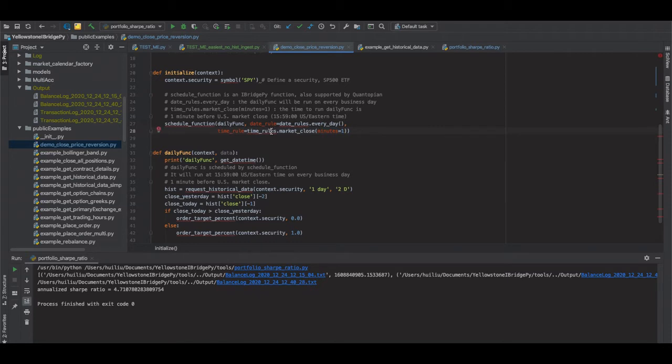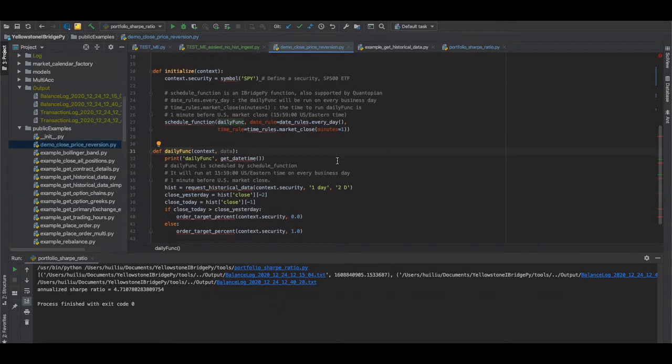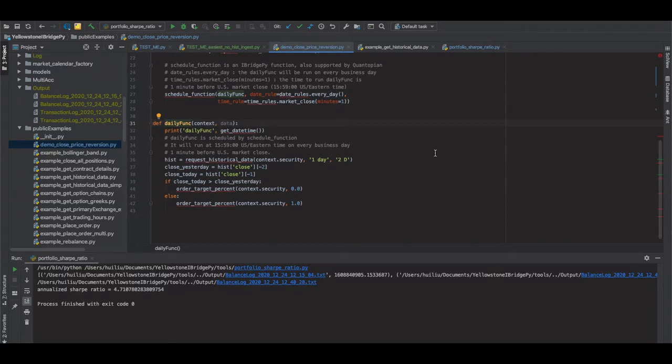This means this function will be triggered 1 minute before market close every trading day, which is 3:59 p.m. Eastern Time, because the US market closes at 4 p.m. And we assume the price at this moment will be very close to the real close price.